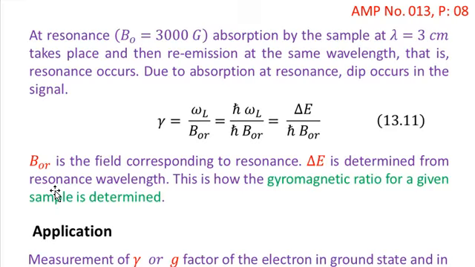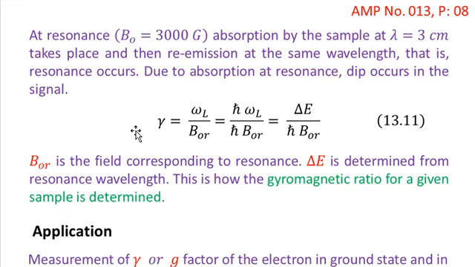Delta E is determined from the resonance wavelength. That is, when the wavelength of the microwave matches with the energy delta E, a dip is recorded, and then the resonance condition is met. This is how the gyromagnetic ratio for a given sample is determined.